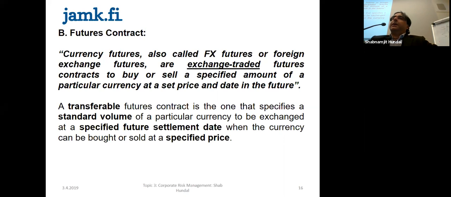Let's say I run a company, Uvascular based, and I'm going to make an export to Australia. But the money which will come to me will come after 6 months. I'm afraid of what?